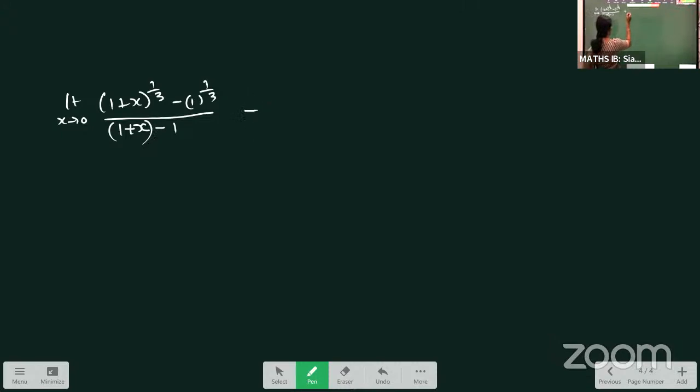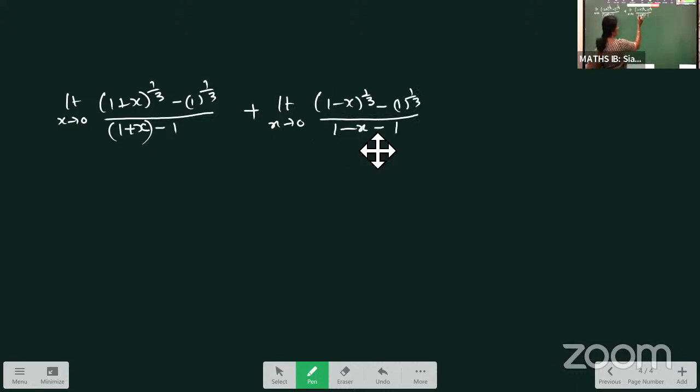Plus the other term, limit x tends to 0, (1 minus x) power 1 by 3 minus 1 power 1 by 3 by minus x is there. So add 1 and subtract 1, put a bracket for (1 minus x). Now apply the formula: n into a to the power n minus 1, where n is 1 by 3.